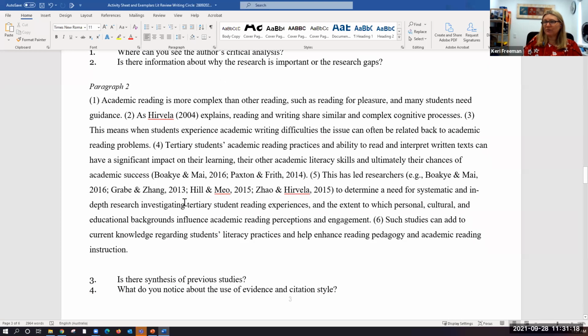Paragraph 2, academic reading is more complex than other readings, such as reading for pleasure. Many students need guidance. So again, we've gone into the present tense, haven't we? Why? Because, well, he's a seminal author for a start, so he hasn't changed his mind. He still would believe this, but it's trying to set up that this is the case right now.